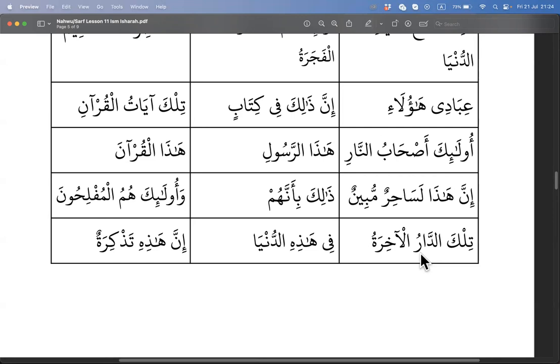We have two words for house. One is bait, as in Baitullah. And one we have is darul. A lot of masjids have this name, like Darul Salam. So dar is actually the house. Bait is not feminine. Dar is feminine. Try to remember this.